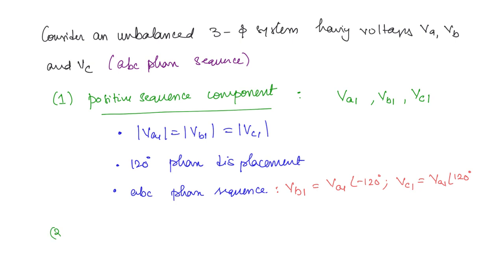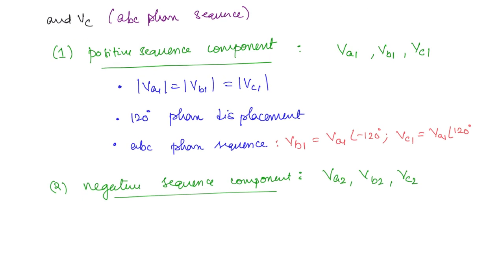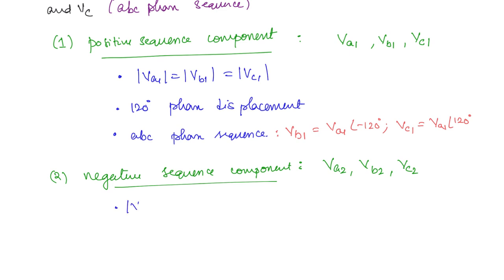Next, the second one is the negative sequence component. We take the subscript 2: VA2, VB2 and VC2. Here also the first two conditions are the same: equal magnitude and 120 degrees phase displacement with respect to each other.